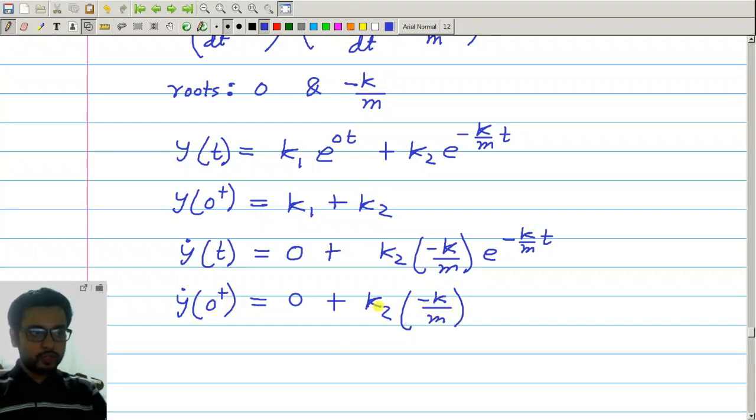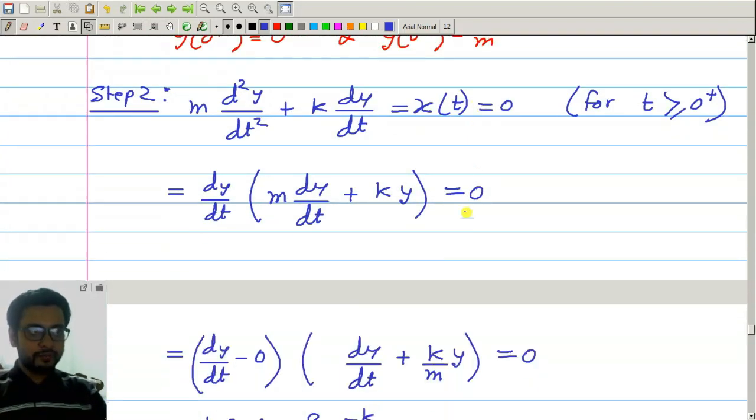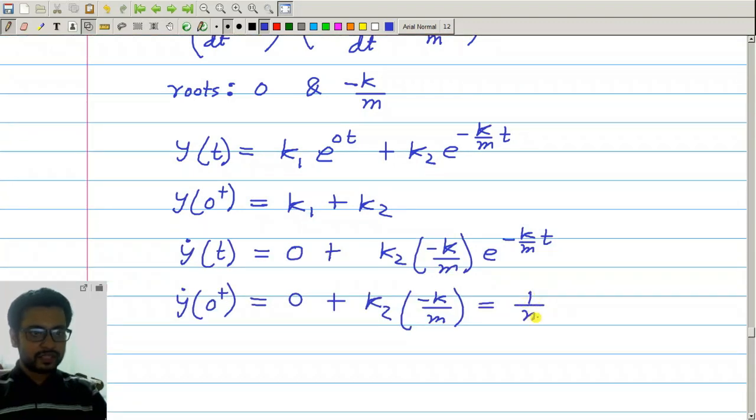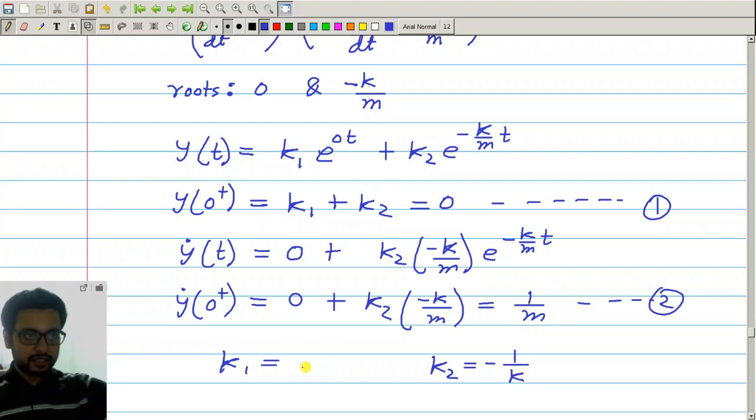Now this value is known to be 1 over m, and the other value is equal to 0. So from these two equations, you can find the values of k1 and k2: k2 will be equal to minus 1 over k, and then k1 will be equal to plus 1 over k.